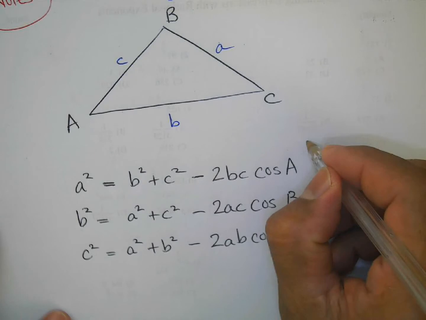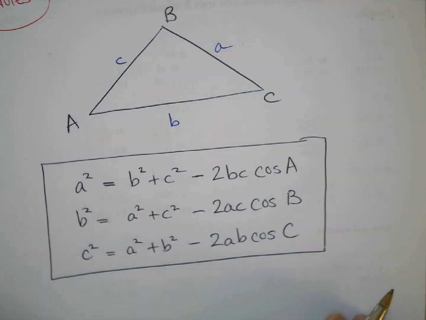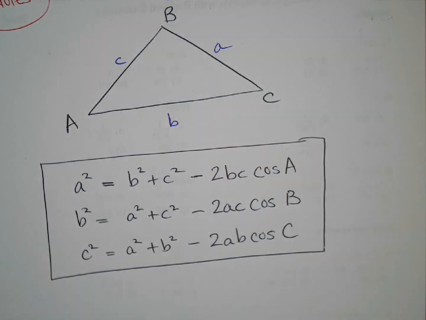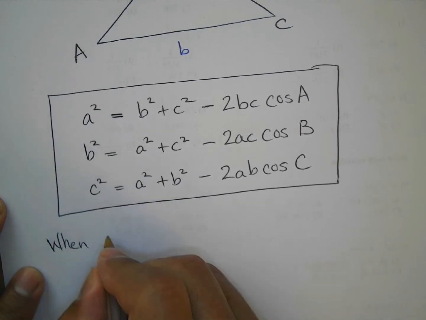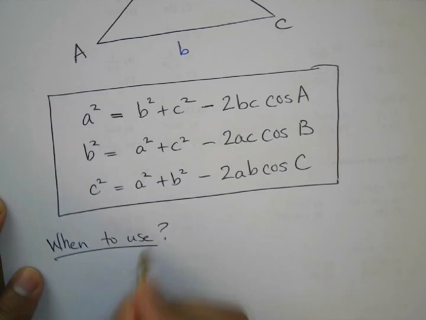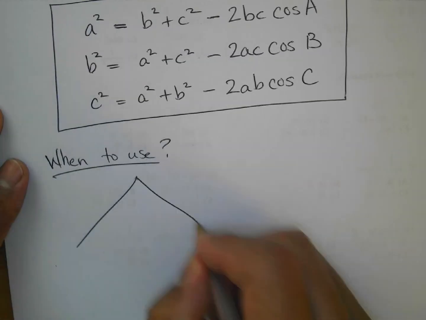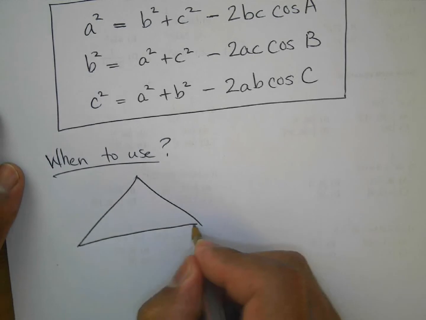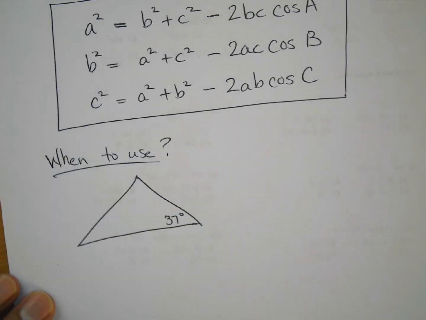Okay, the missing sides. When do we use law of cosines, and how do you know when you use law of sines and law of cosines? This is when you use it. Now you're going to have, again, the problems will look the same. You'll have like a triangle, and now you'll have an angle, like 37 degrees.